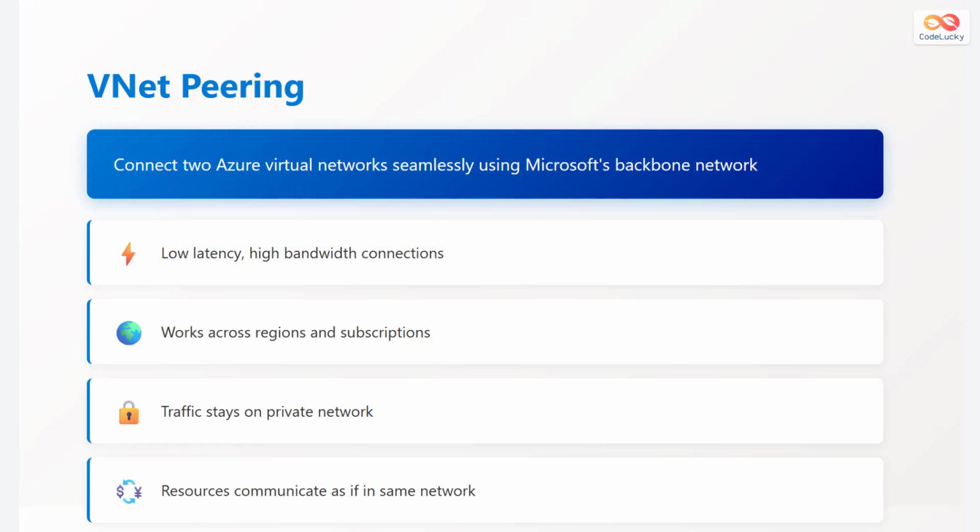All traffic stays on the private Microsoft network, ensuring security and compliance. Most importantly, resources in peered networks can communicate as if they were in the same network, with no additional gateways or public IP addresses required. This makes VNet Peering an essential tool for building distributed applications and hub-and-spoke network topologies in Azure.